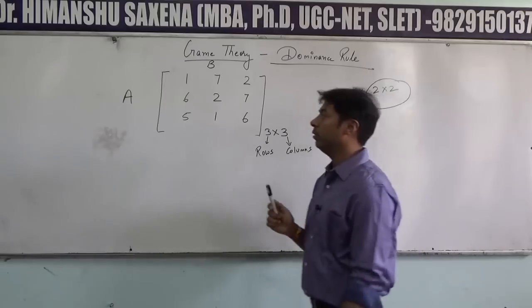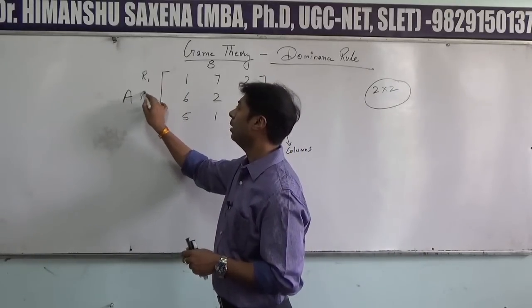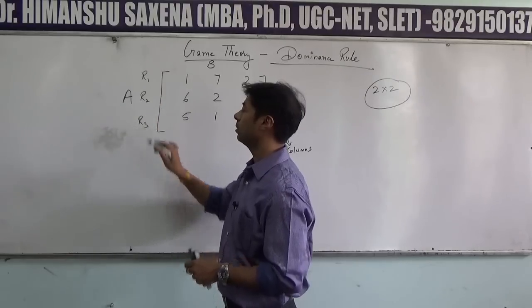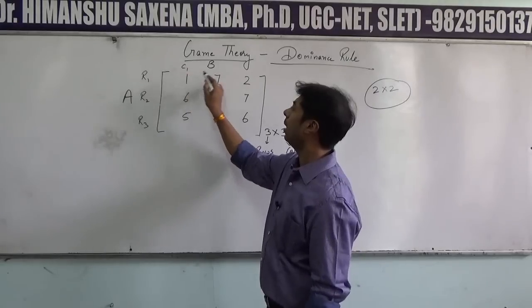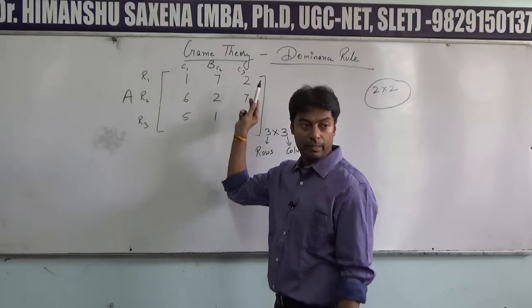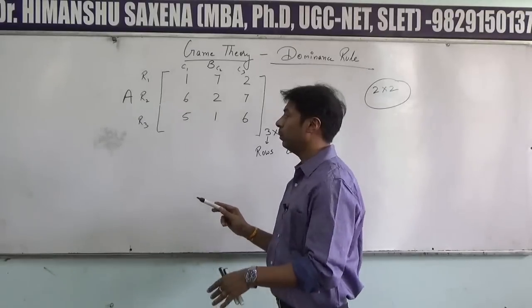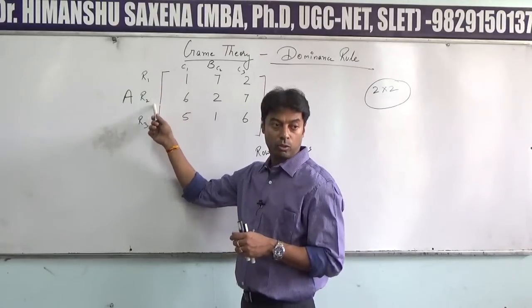Now, how we are going to apply dominance rule in this case? We see there are 3 rows right over here, and simultaneously there are 3 columns denoted by C1, C2 and C3. Now, how we are going to proceed? We are going to firstly compare row 1 with row 2.